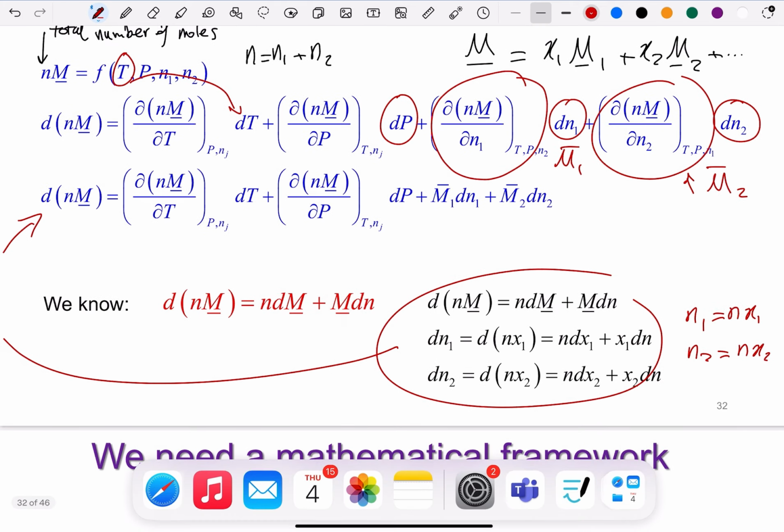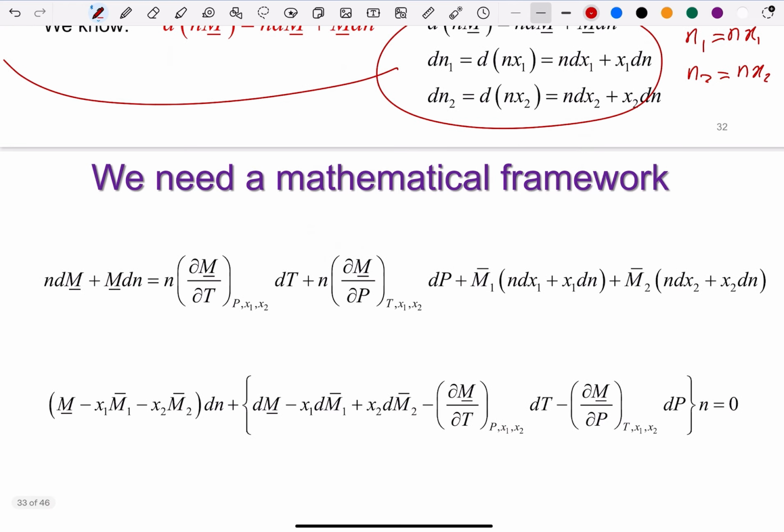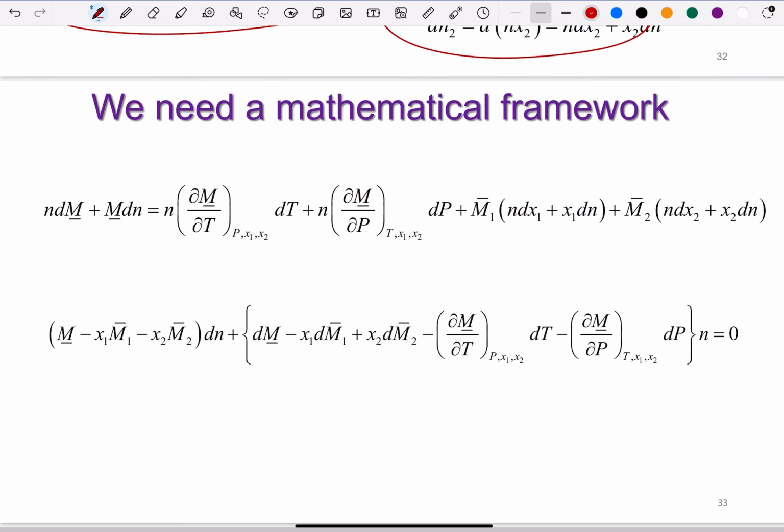All right, so if we do that, here I have it step by step, and I'm also collecting some terms. So, n dM plus M dn equals that whole derivative.